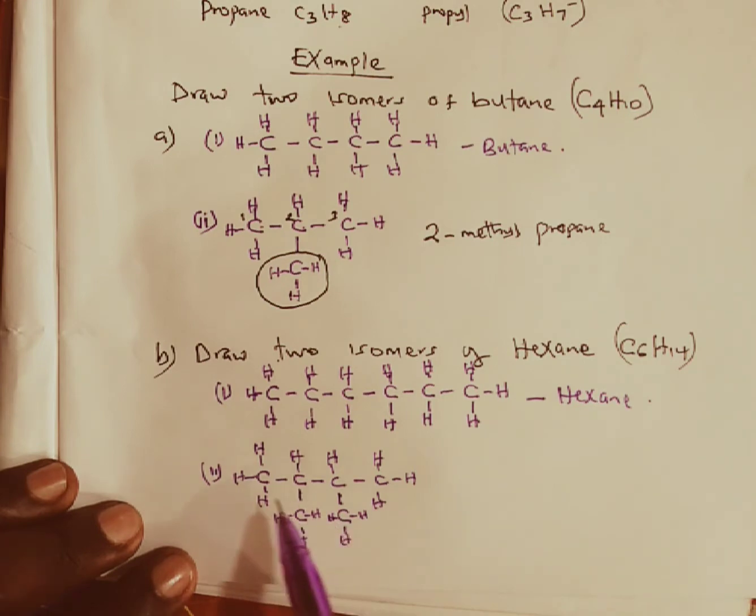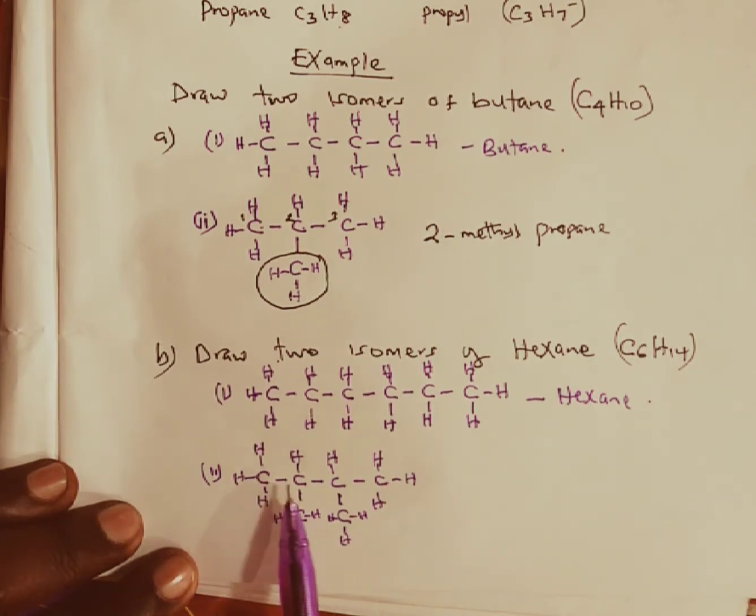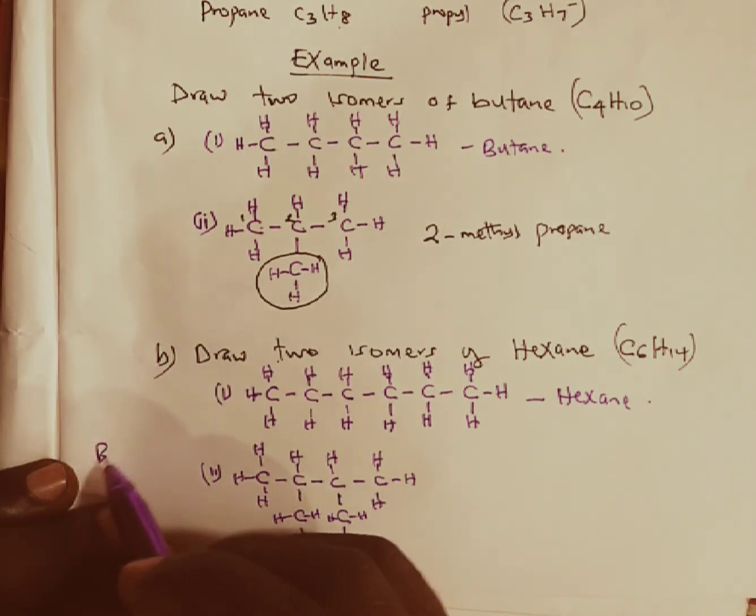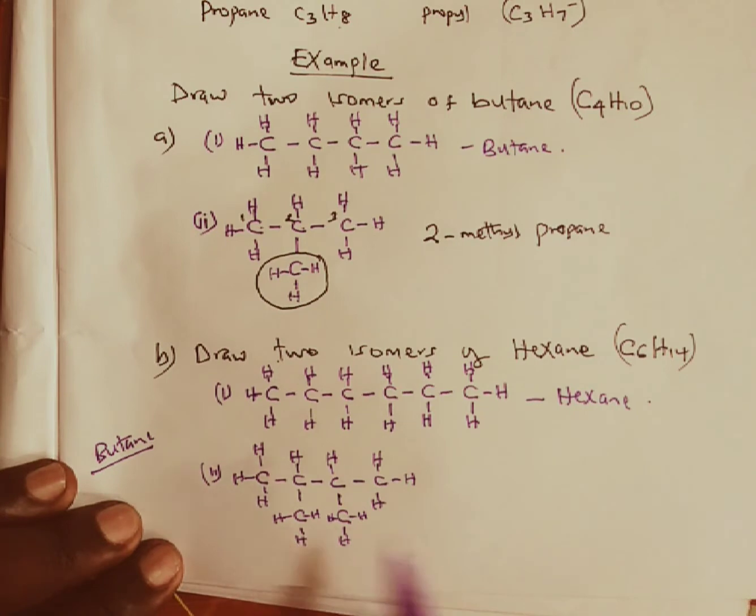So we need to identify the number of carbon atoms in the longest continuous chain, and in this case the number of carbon atoms in the longest continuous chain is 4. That is 1, 2, 3, 4, and therefore the parent name is going to be butane, but we need to recognize the branches.